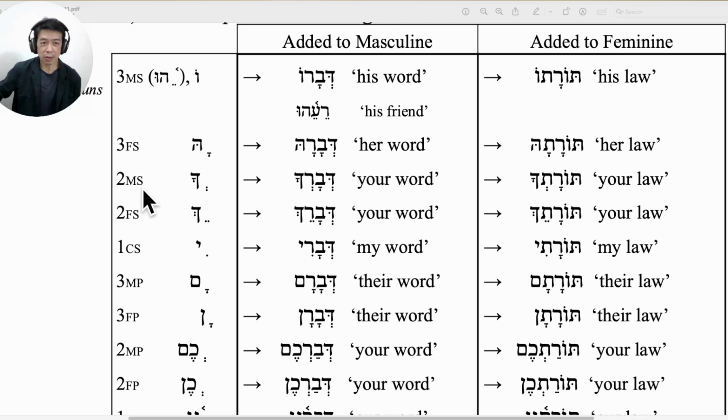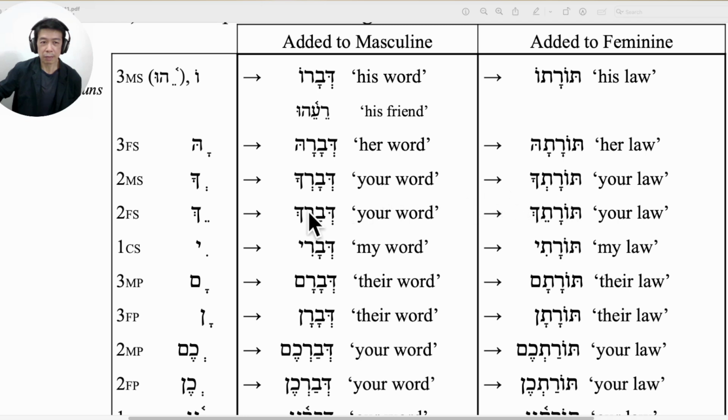For the second person masculine singular, a kaf is added to the end of the word. So your word becomes Devarcha. Your law becomes Toratcha.